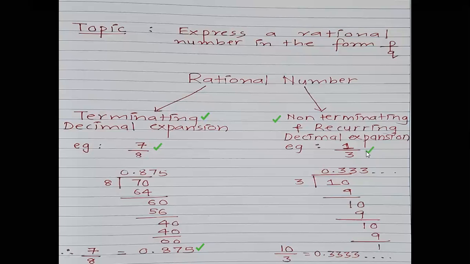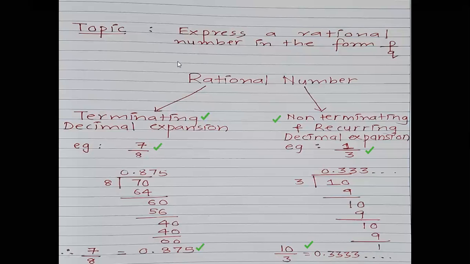1 upon 3. Over here, you can see that when 1 is divided by 3, the answer happens to be 0.3333 and the 3 continues. So 1 upon 3 actually gives you the answer as 0.3333. Over here, you will realize that the number 3 in the decimal places does not terminate, does not stop.